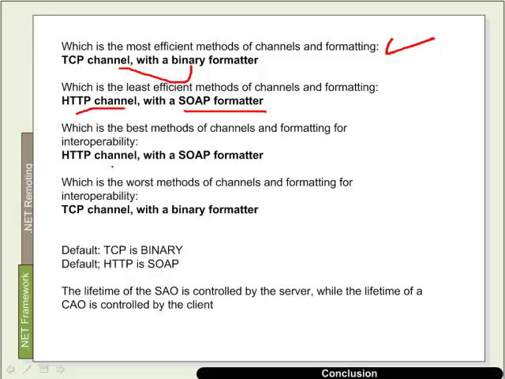The best method for channels and for getting over firewalls is HTTP, and the best for interoperability is some SOAP formatter. The worst method for channels and for interoperability is TCP with binary. The default is TCP for binary and HTTP for SOAP.